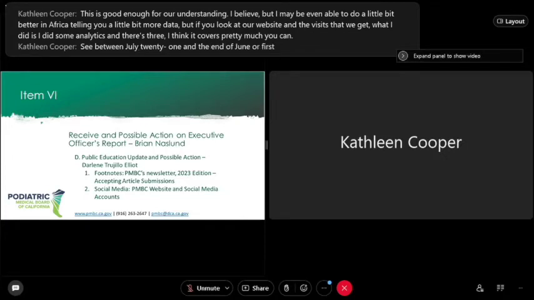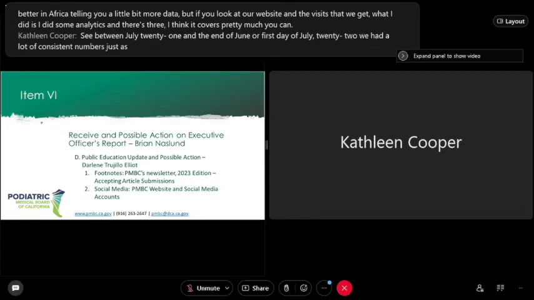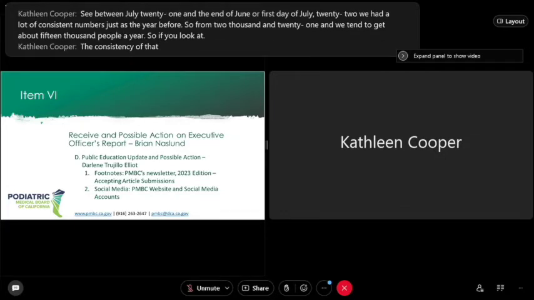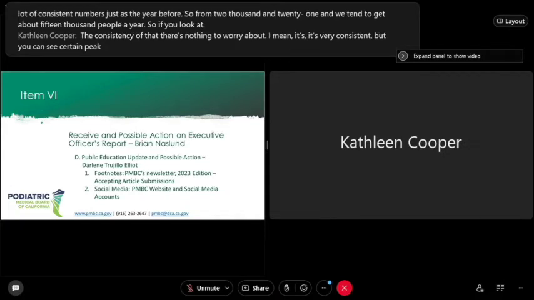22, we had consistent numbers, just as the year before. From 2021, we tend to get about 15,000 people a year. If you look at the consistency of that, there's nothing to worry about. It's very consistent, but you can see certain peaks and valleys, and it seems like it follows the profession cycle.